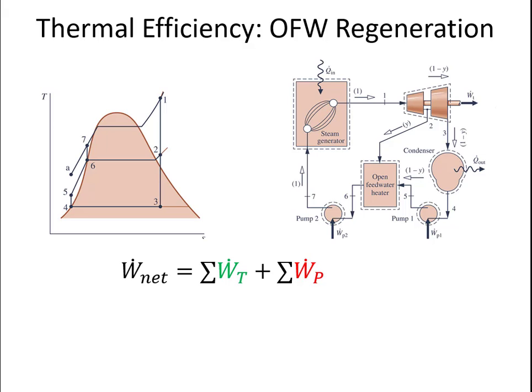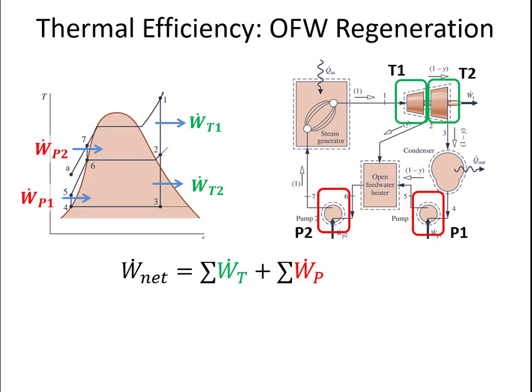I'm defining this as m dot times h in minus h out. Remember that the turbine powers are positive, that's why they're green here, and the pump powers are negative, that's why they're red. On my TS diagram, the turbines are producing power, and the pumps, there are 2 pumps now in my system, are consuming power, or the power goes in.